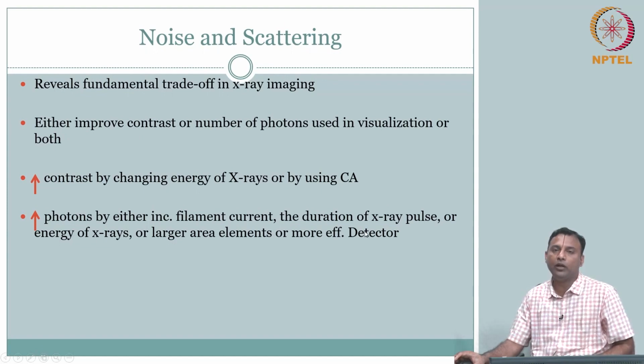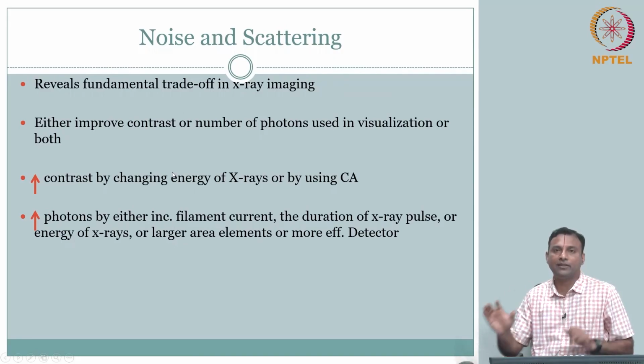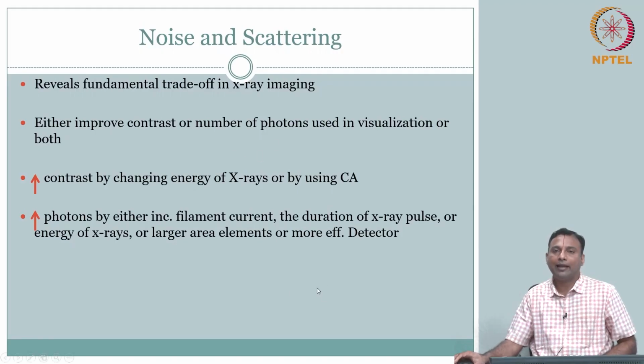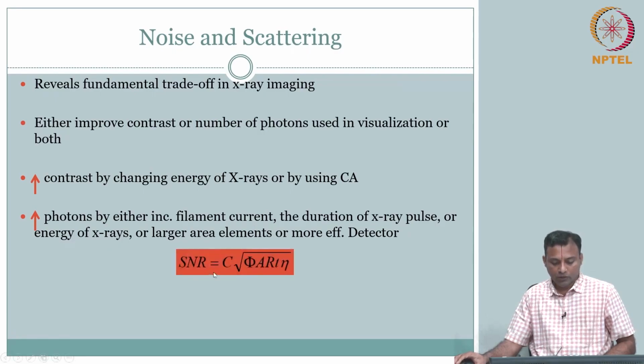If I can use a more efficient detector, I definitely can get a better signal to noise ratio for all other compromises as is, right? So we need to work on how do I characterize, how do I talk about the performance, what do I mean by detector efficiency, how do I improve the detector efficiency, right?